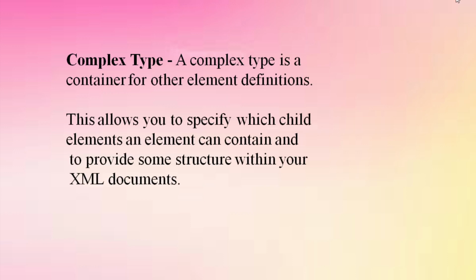And the next definition type is complex type. A complex type is a container for other element definitions. This allows you to specify which child elements an element can contain and to provide some structure within your XML documents.